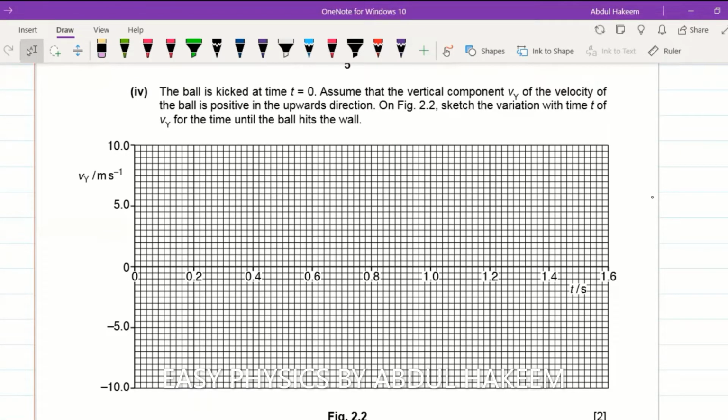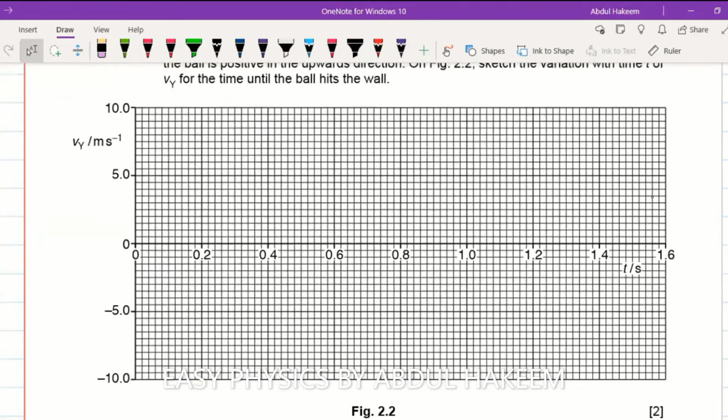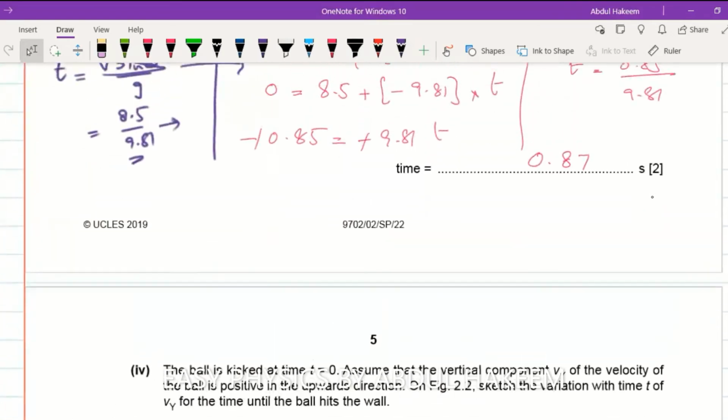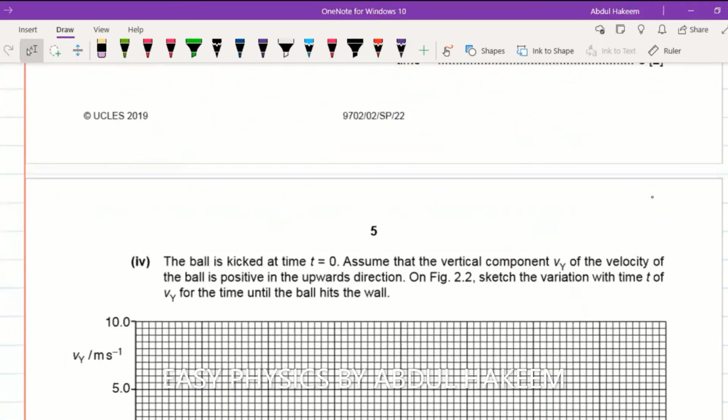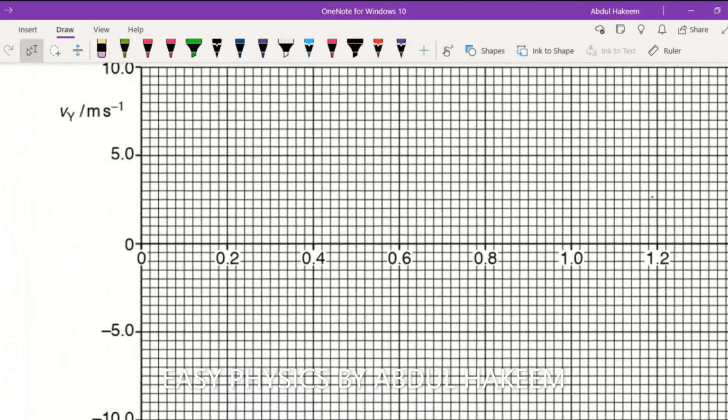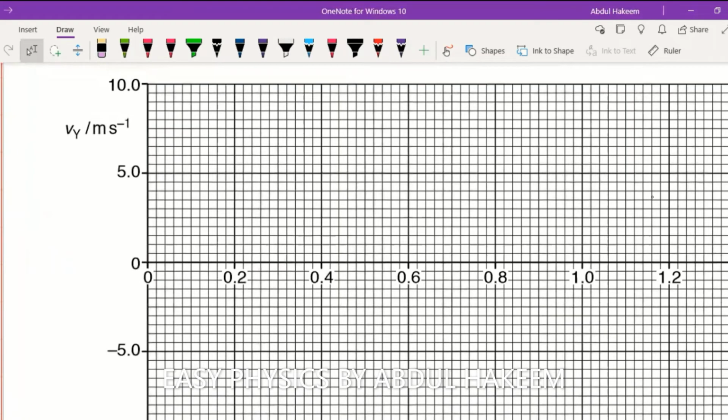Now the next: the ball is kicked at time 0, assuming that the vertical component Vy of the velocity of the ball is positive in the upward direction. On the figure, sketch the variation with time t of the Vy. So we have to plot the graph for Vy. Initially we have this vertical component of velocity, 8.5.